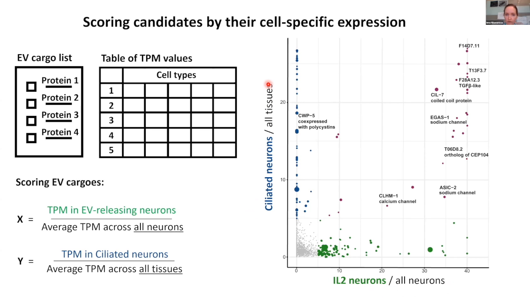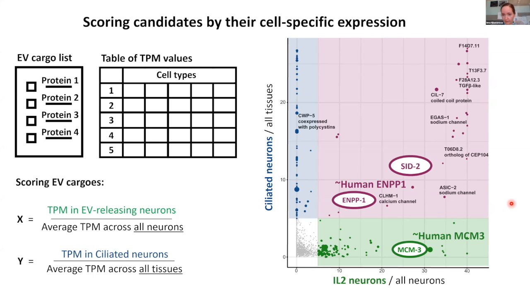And so all our cargoes were spread on this plot, and we can see that there are three different groups: mostly enriched in IL-2s, mostly enriched in other ciliated neurons that are not IL-2s, and the ones expressed in both. And so I only labeled cargoes that were already known to be released by those neurons. So we knew we were on the right track with this approach.